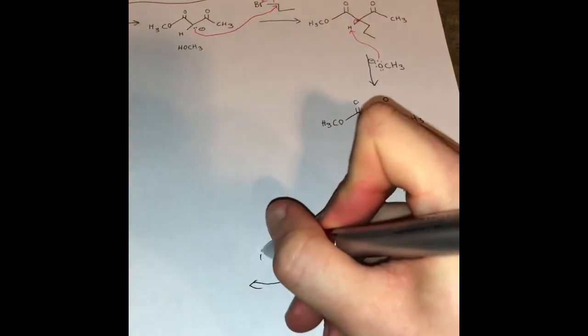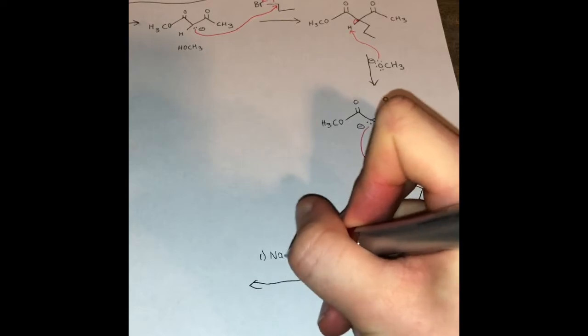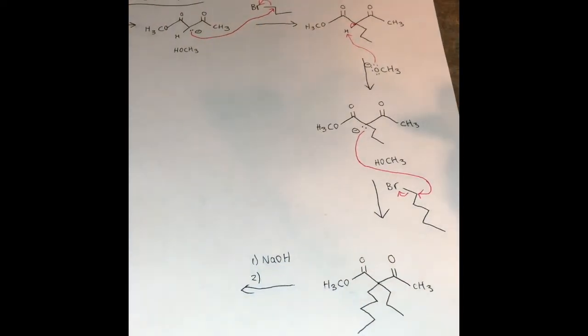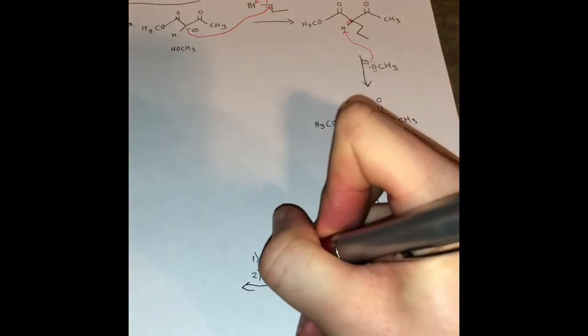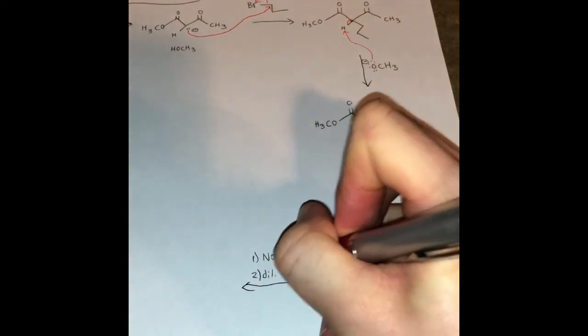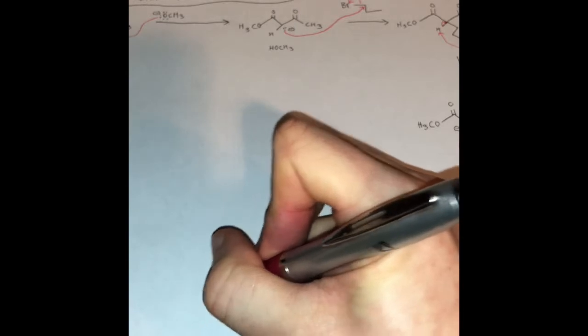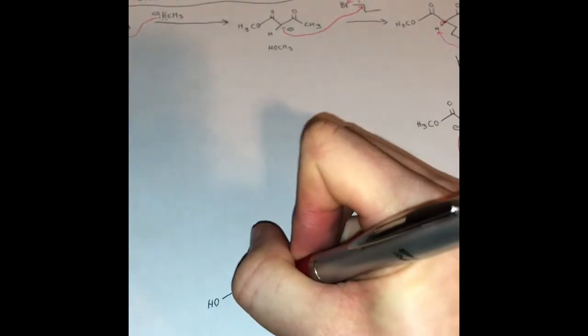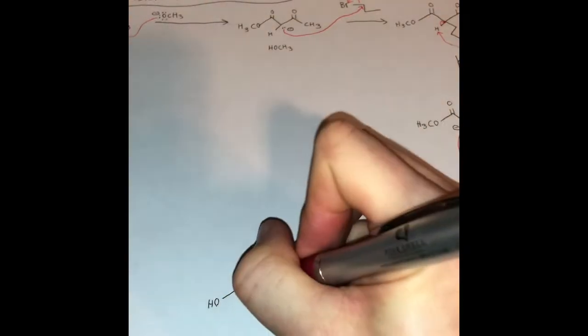So first step, we're going to add in NaOH, and the second step we add in dilute acid. Now what these reagents will do is give us carboxylic acid from our OR group.